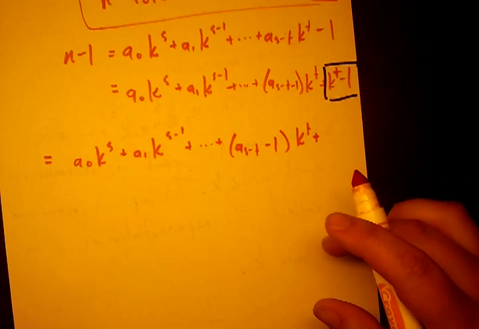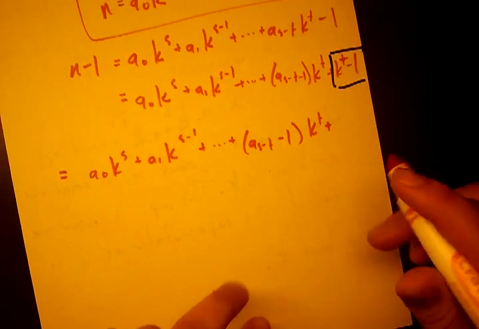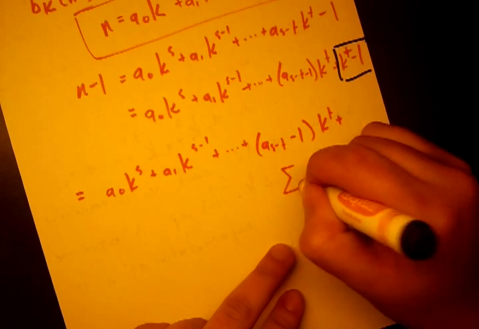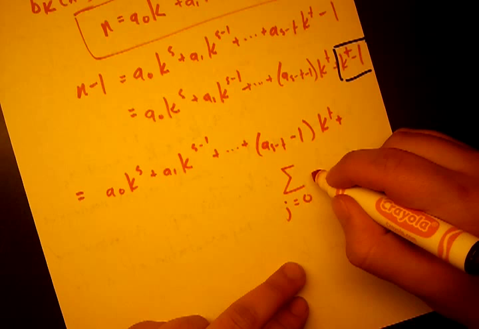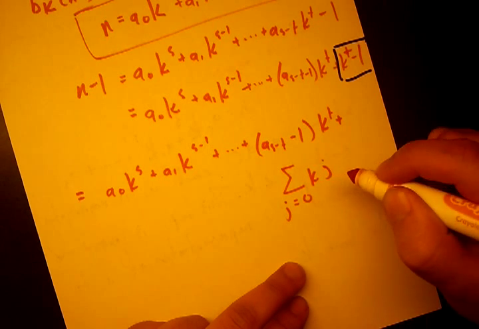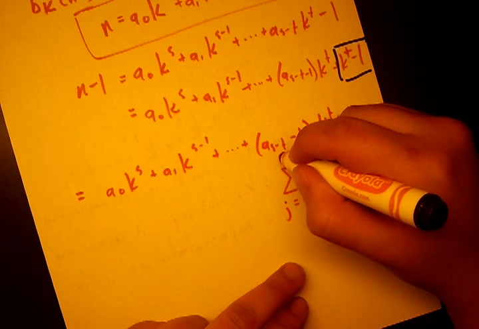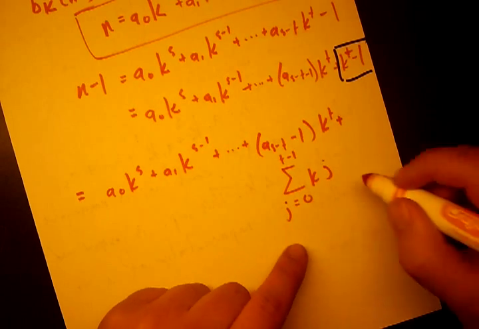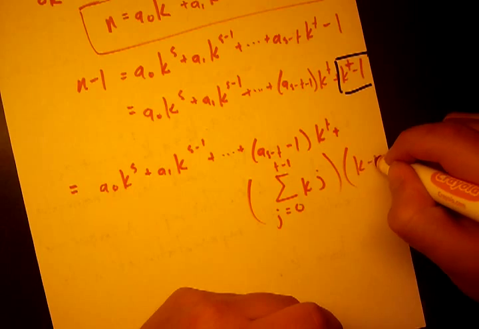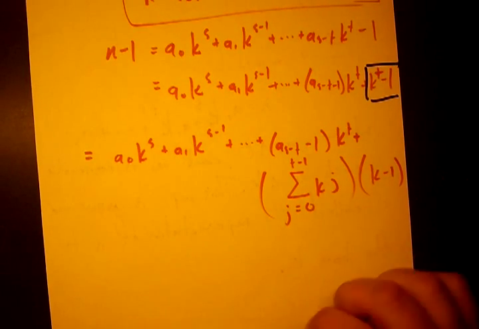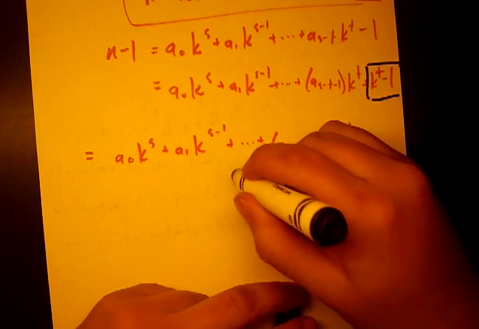So it's going to look like the sum from j equals 0 of k to the j all the way to t minus 1, and that times k minus 1.